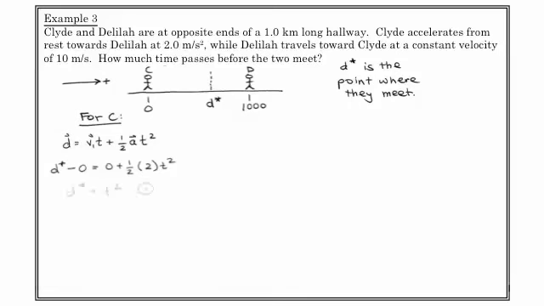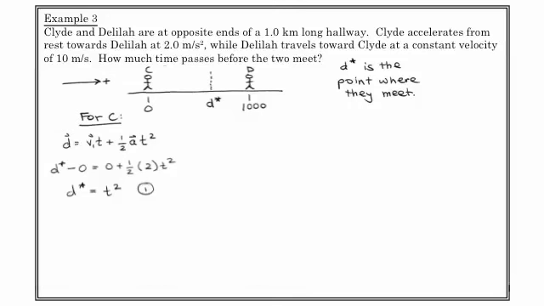We can see that Clyde has a final equation. He will meet her when his displacement is equal to his time squared. Okay, so we're going to call that equation 1. And we got that by subbing in. Now, we don't have enough now to continue, so we need to look somewhere else.